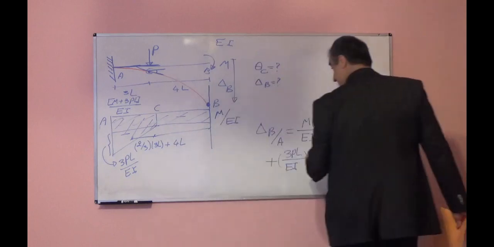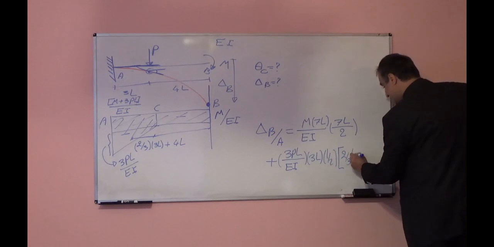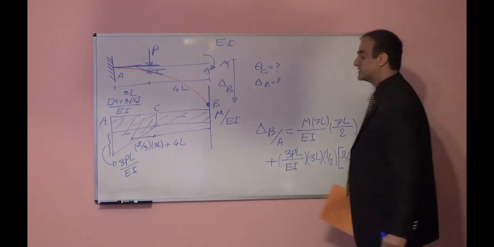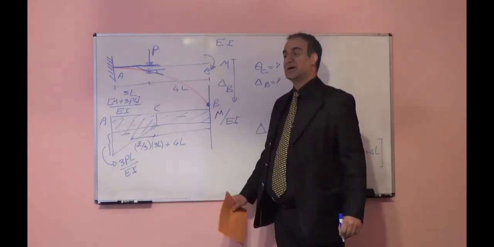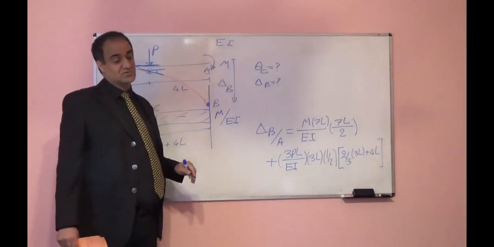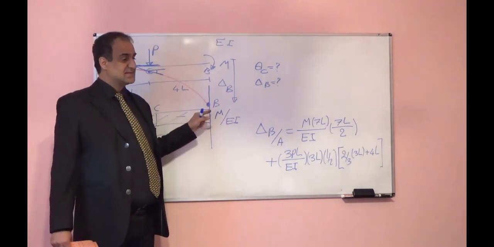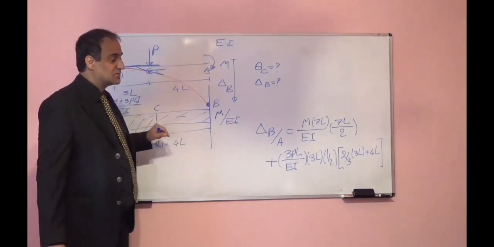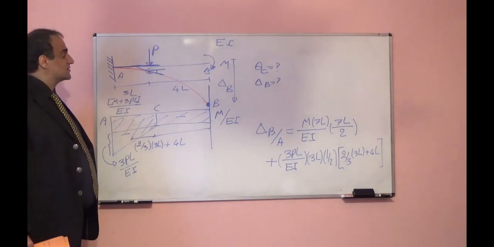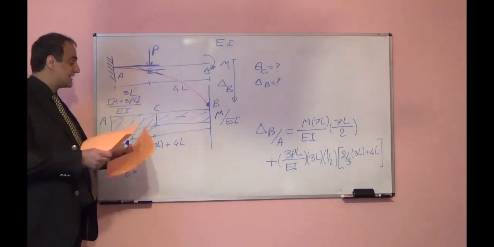So this times 2 over 3 times 3L plus 4L is the distance from the centroid of the triangle up to the axis that passes through point B. That will give us delta B with respect to A, the distance from point B on the elastic curve to the tangent to the elastic curve at point A, which is equal to the deflection at point B as well.